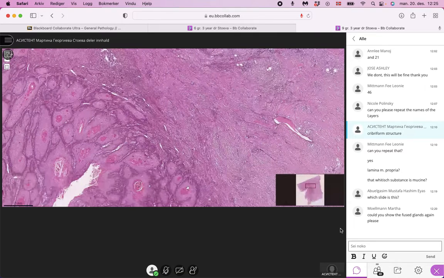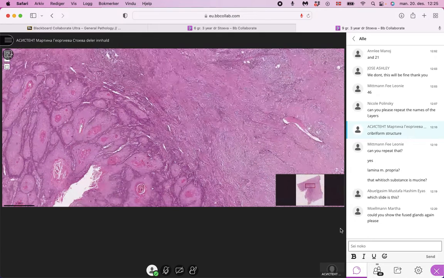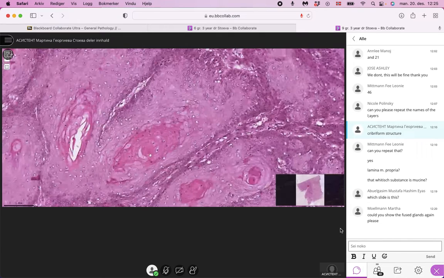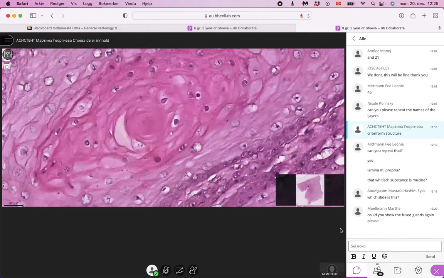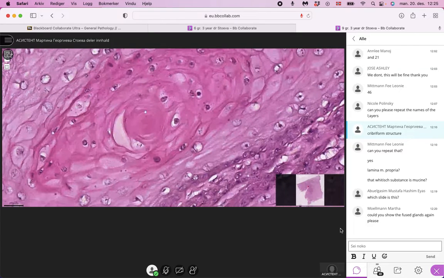So this is keratinization. Here as well. When the keratinization in the center of the tumor nests acquires this laminated onion skin appearance, this is known as keratin pearl.